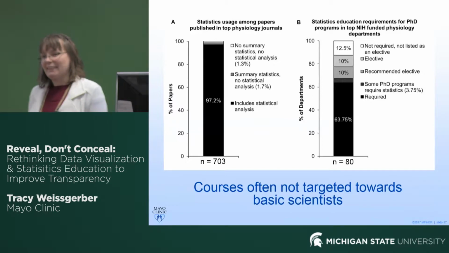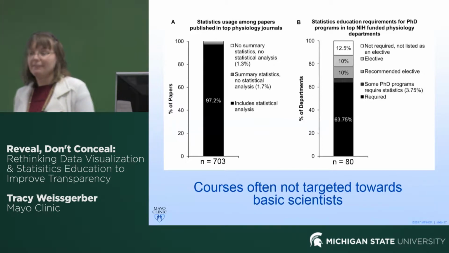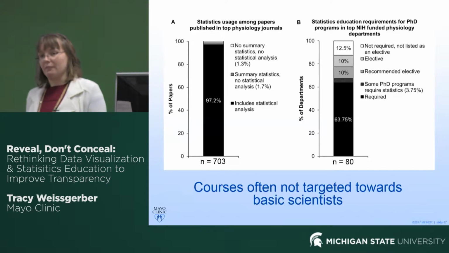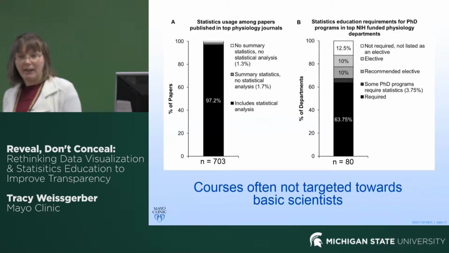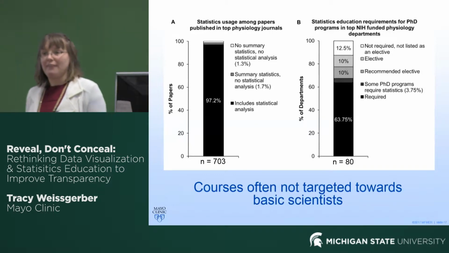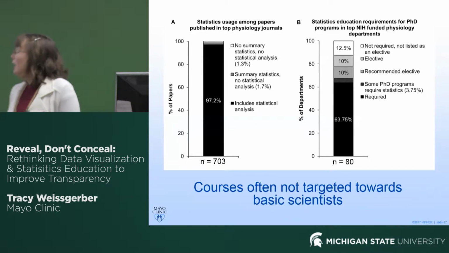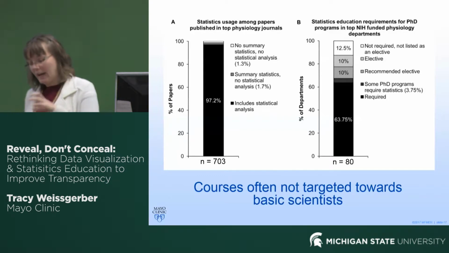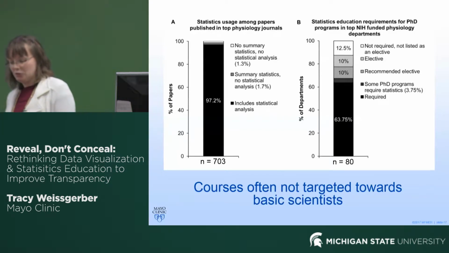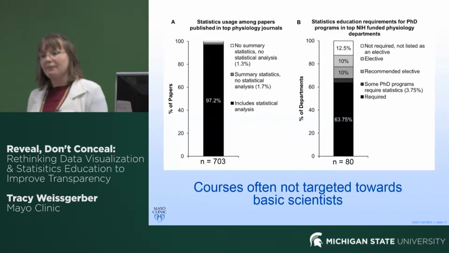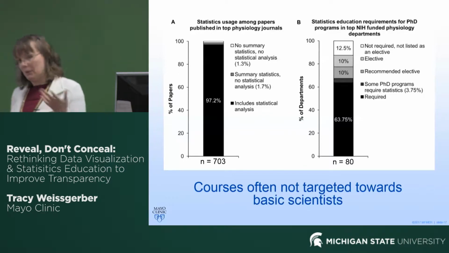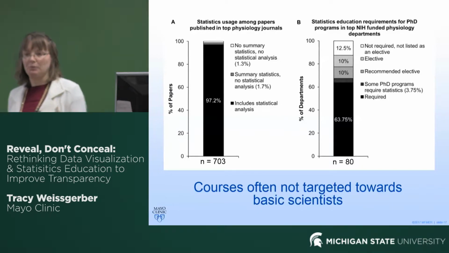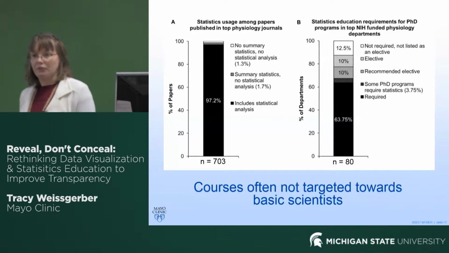that course is often not well suited to them. We found a lot of physiology students who were taking courses with titles like Statistics for Public Health, which is large sample size data, and it's completely different. A lot of departments don't have statistical expertise in-house, so they will go out to epidemiology or biostats or another department, public health, psychology, another department that has more statistical expertise, to get stats training for their students.